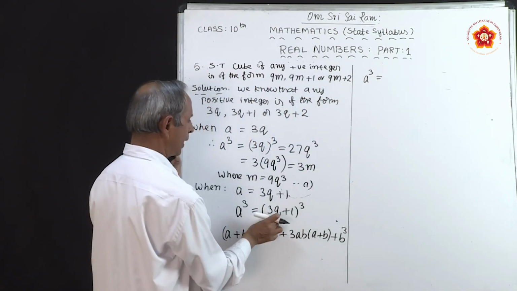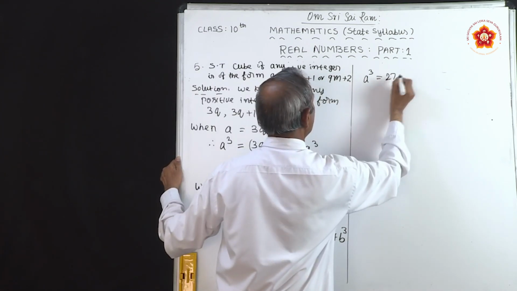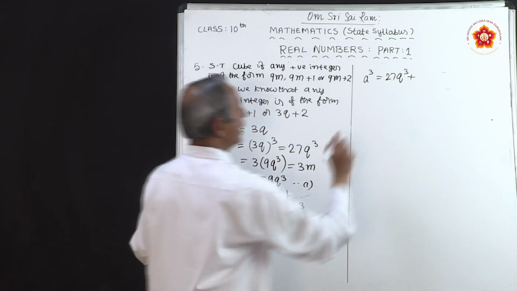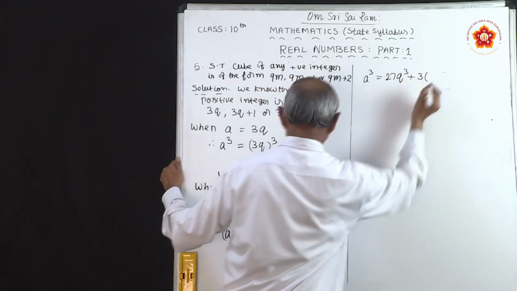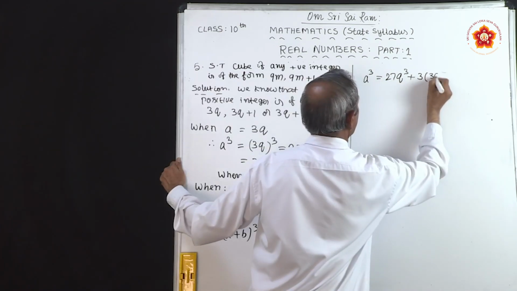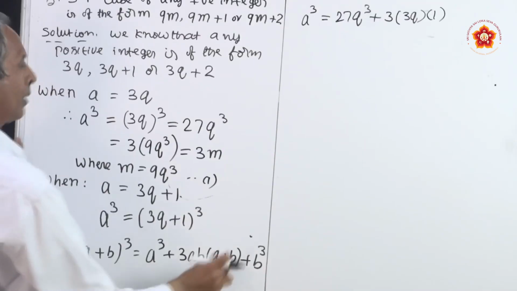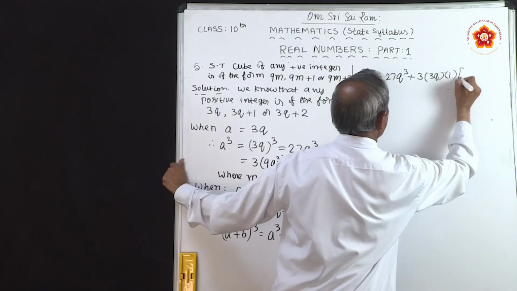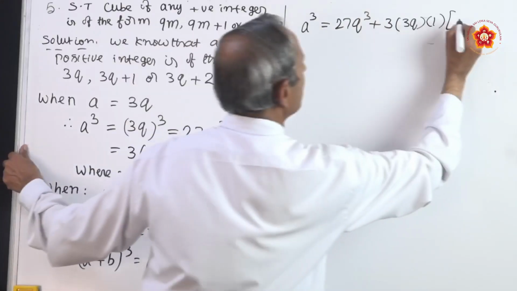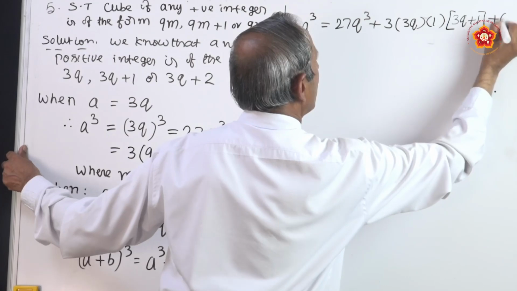Here 3q cubed gives 27q cube, plus 3ab: write 3 here, a value is 3q and b value is 1, into a plus b, that is 3q plus 1, and b cube becomes 1 cube.